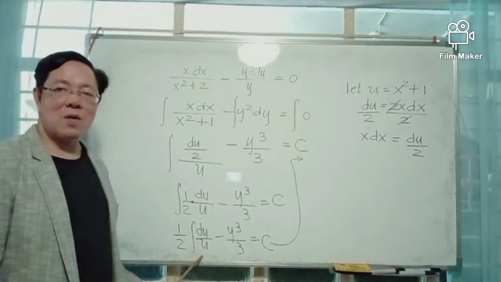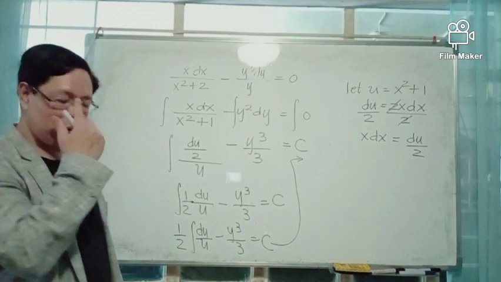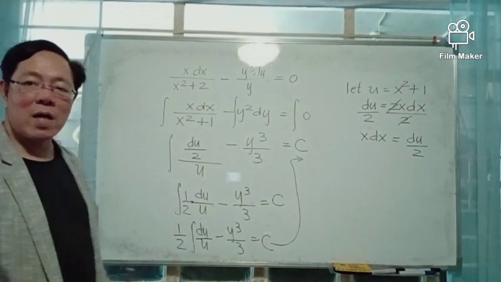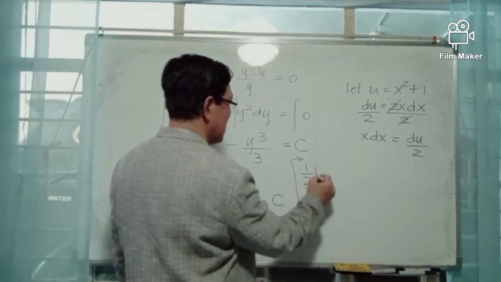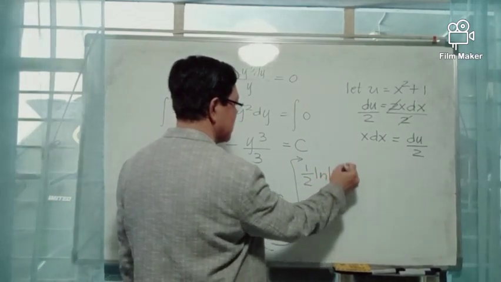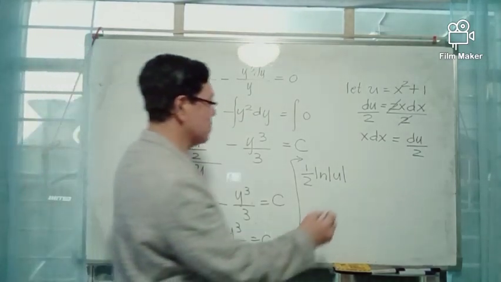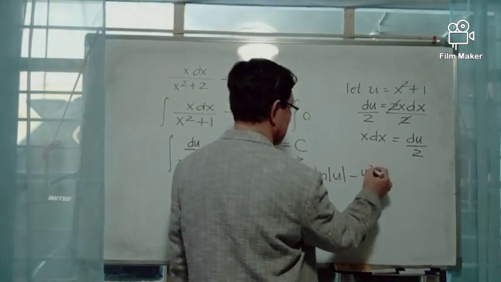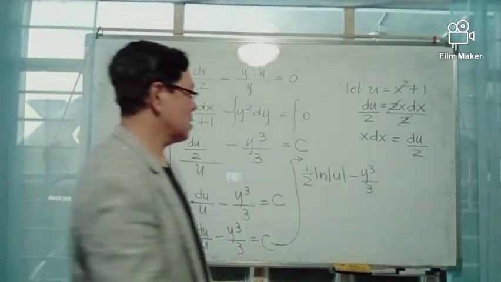From integral calculus, the integral of du over u is ln u. And we have 1/2 in the coefficient, 1/2 multiplied by ln u minus y cubed over 3 is equal to c.